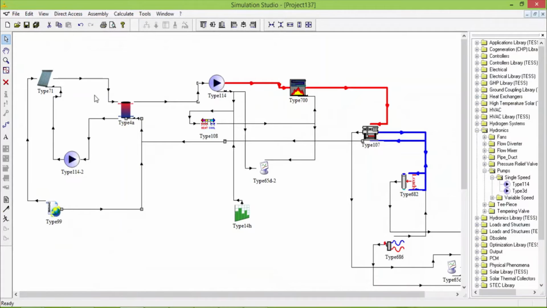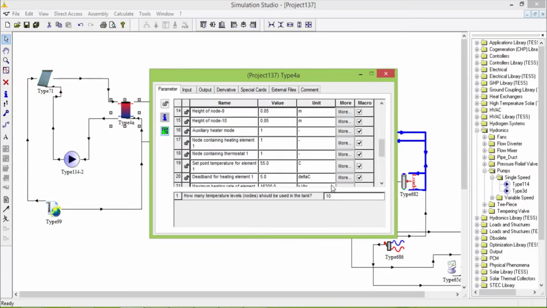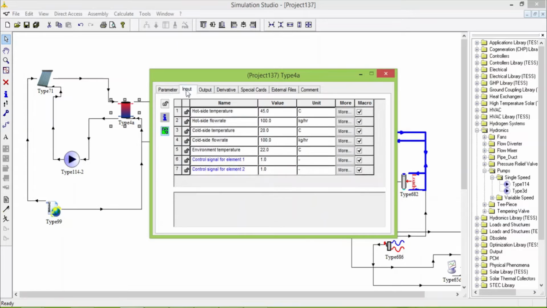And one more thing here, we did not change. Make it 0 and 0.